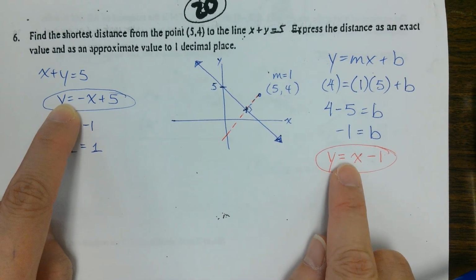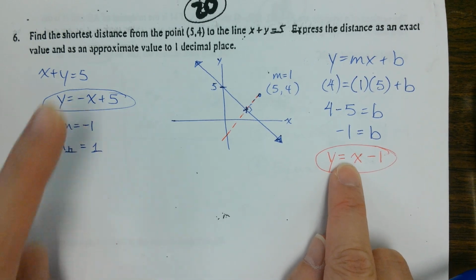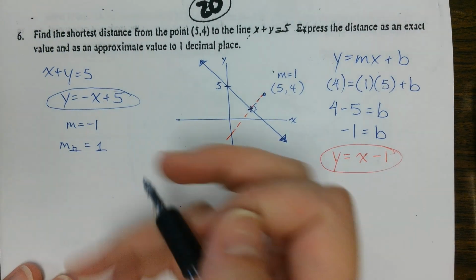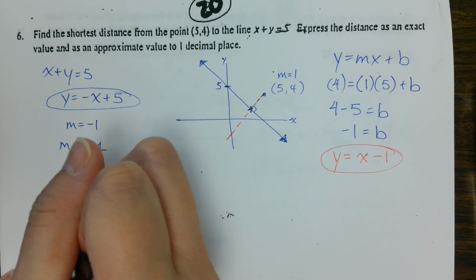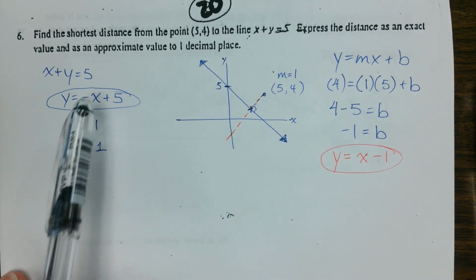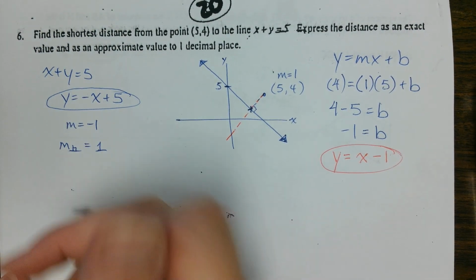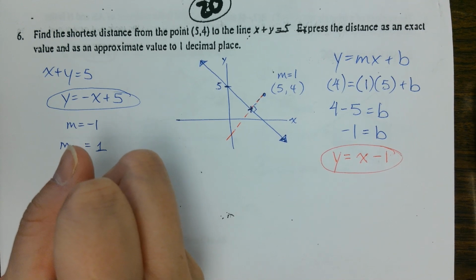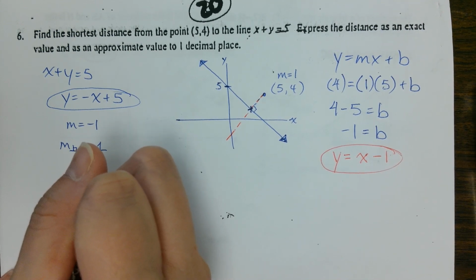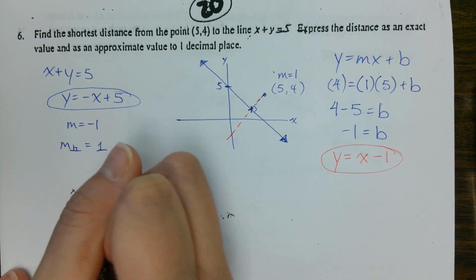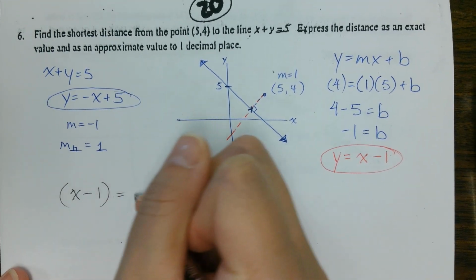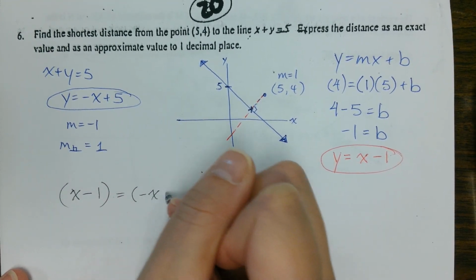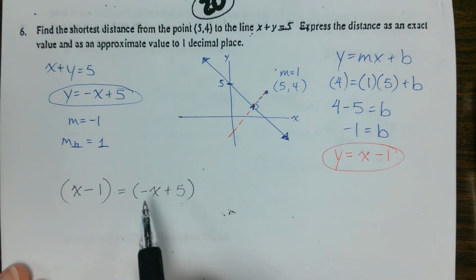Substitution, elimination, or graphing. So let's do substitution. You're basically given 2 equations, 2 unknowns. I'm going to use the method of substitution. So x minus 1 equals -x plus 5.